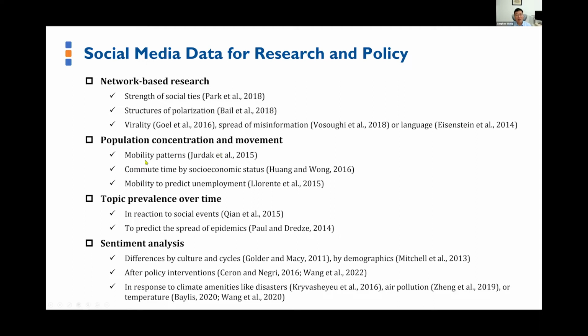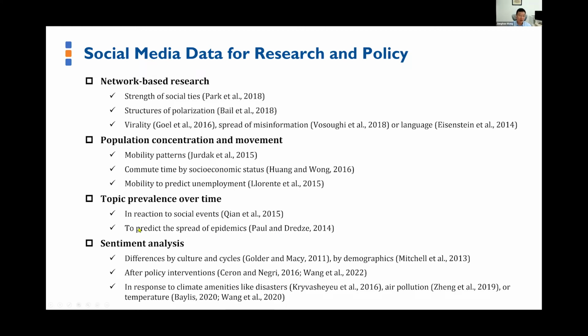For example, during the COVID pandemic, many people used social media data such as Twitter and Facebook to study human mobility behaviors. You can also use social media posts to study, for example, topic prevalence over time, information diffusion on networks, especially to predict the spreading of epidemics, like COVID-19.